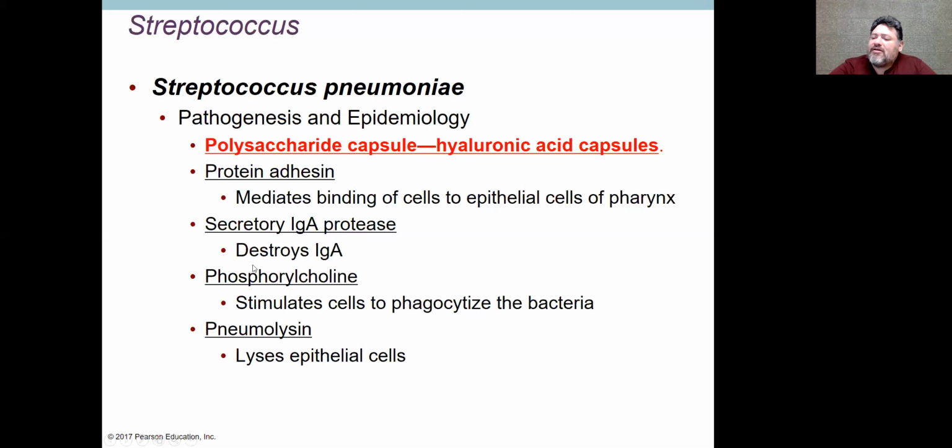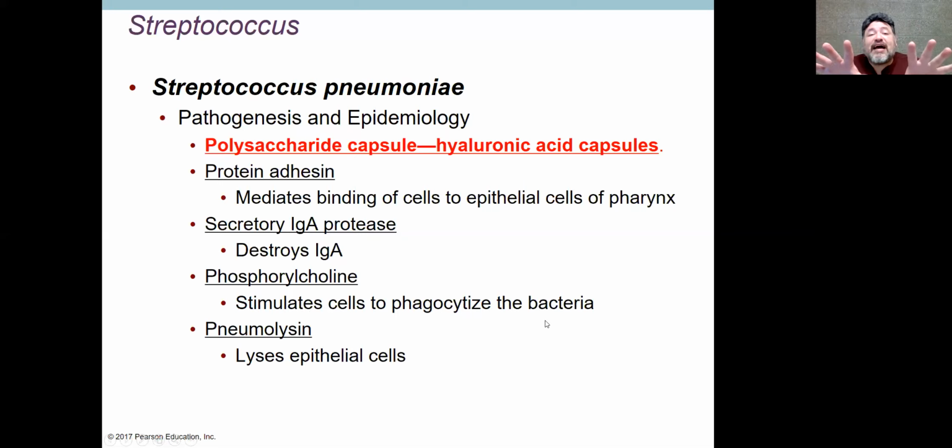What's the next step? Well, the next step is that the bacteria produces what's called phosphorylcholine, and this phosphorylcholine does something very strange. It induces the phagocytosis of the epithelium. In other words, this epithelium consumes the bacteria. Epithelium is not supposed to do that. Not the ones in our lung.